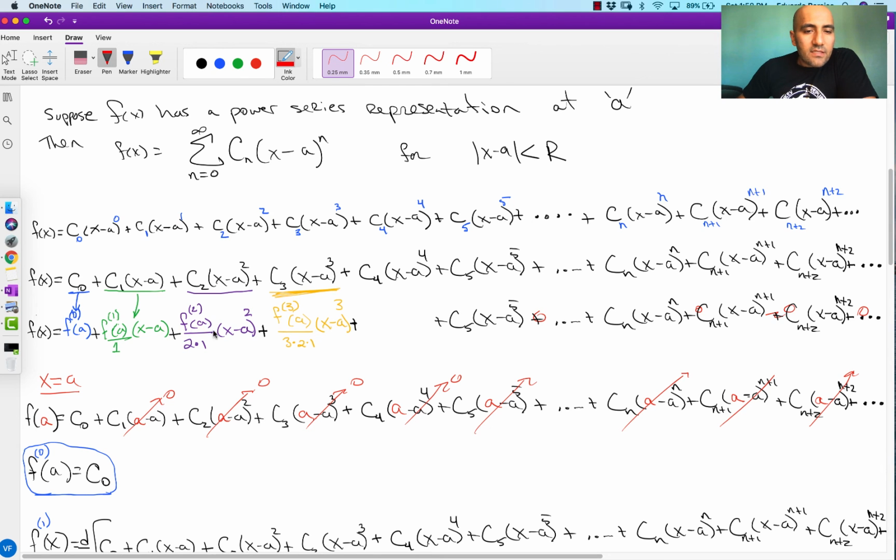Okay, so just based on the pattern we've seen before, c sub 2 was really the second derivative. So this one is going to end up being the fourth derivative. So we take our original function, take the fourth derivative, and then evaluate it at a, divided by this countdown of 4 times 3 times 2 times 1, times the term x minus a to the power of 4.